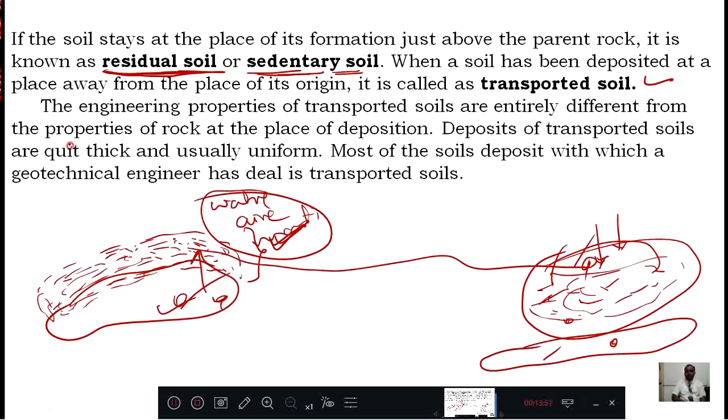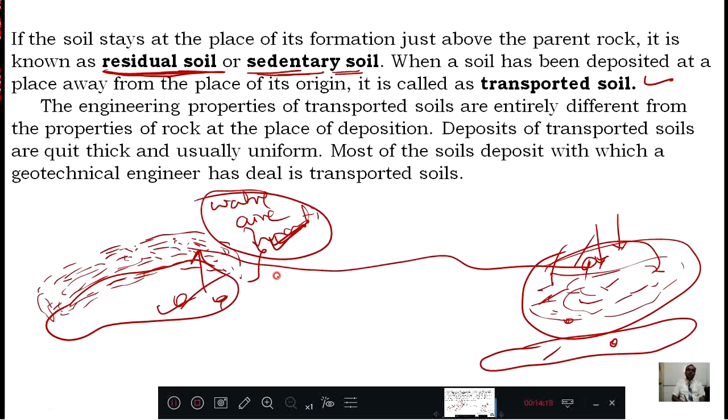Deposits of transported soil are quite thick and usually uniform. Most of the soil deposits with which a geotechnical engineer has to deal are transported soil. Most of the time you will observe only transported soil. In due course of time, the soil is transported from somewhere to here, and that is what you are going to deal with.